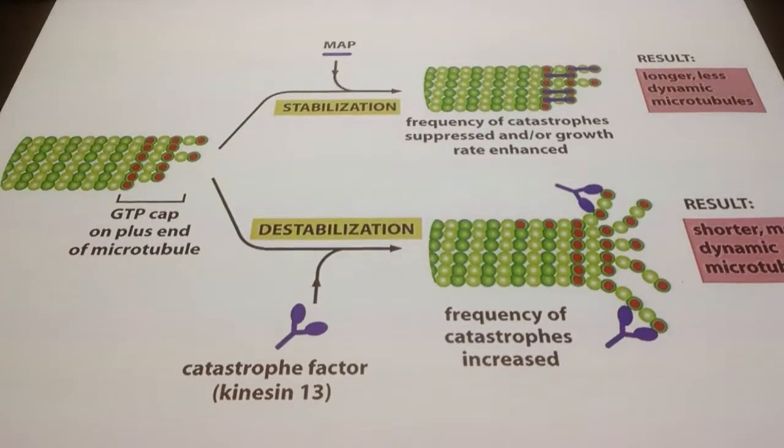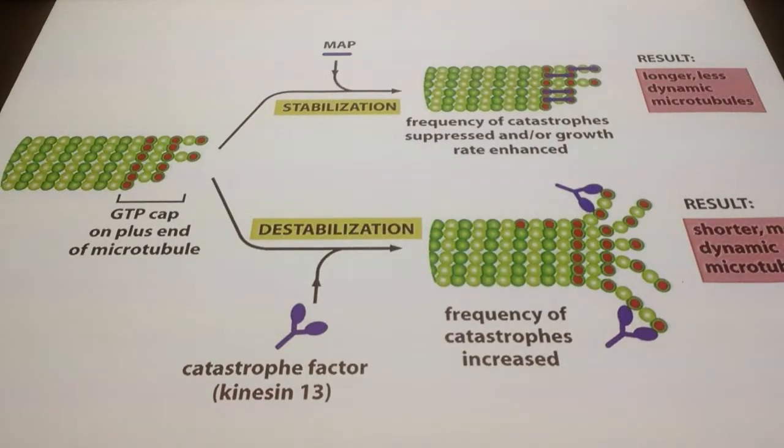A GTP cap is independent of whether or not MAP2 and tau bind. Let's say without MAP2 and tau binding, and you have a GTP cap, then that favors polymerization anyway. Okay, and depolymerization will only occur once the GTP cap is gone.